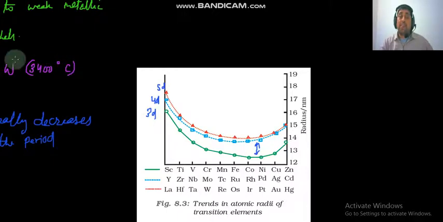But what happens when we move from 5D to 6D? The curve almost superimposes on the curve of the previous series, that is 5D. This is due to actinoid contraction, and the similarity between 4D and 5D is due to lanthanoid contraction.